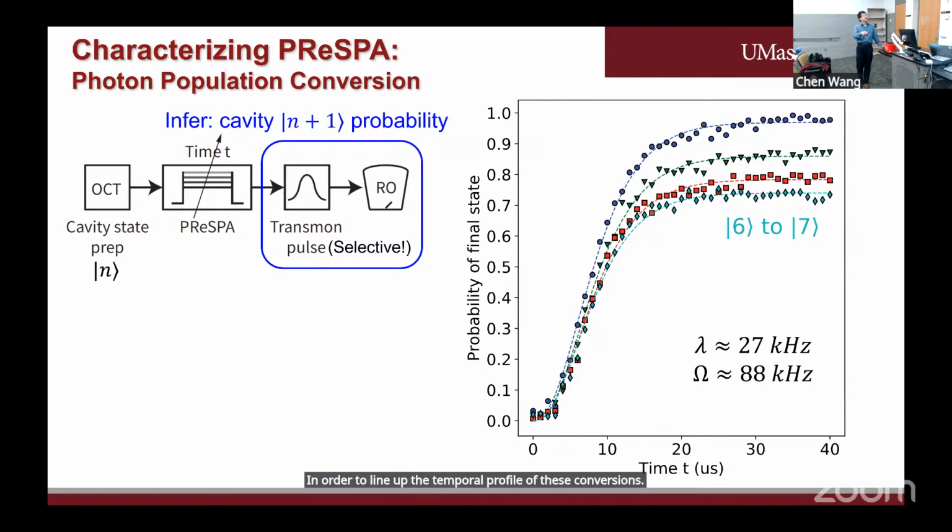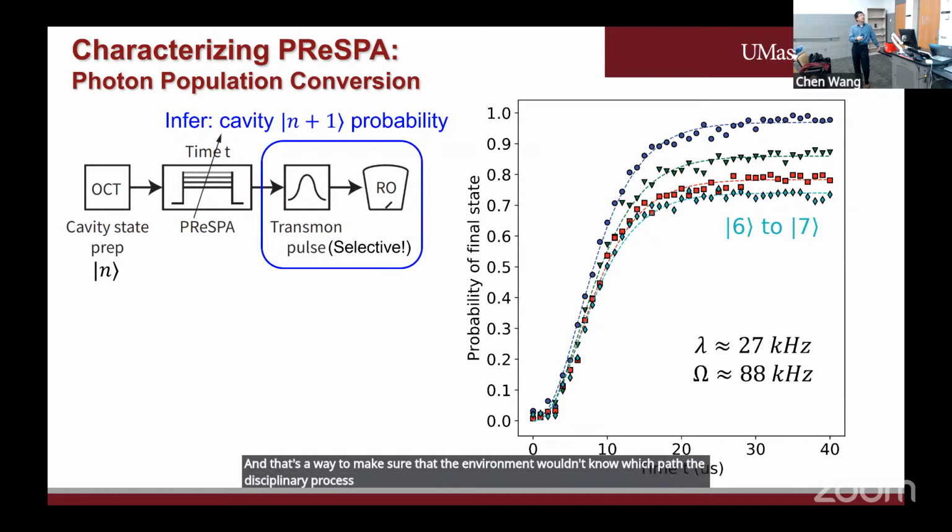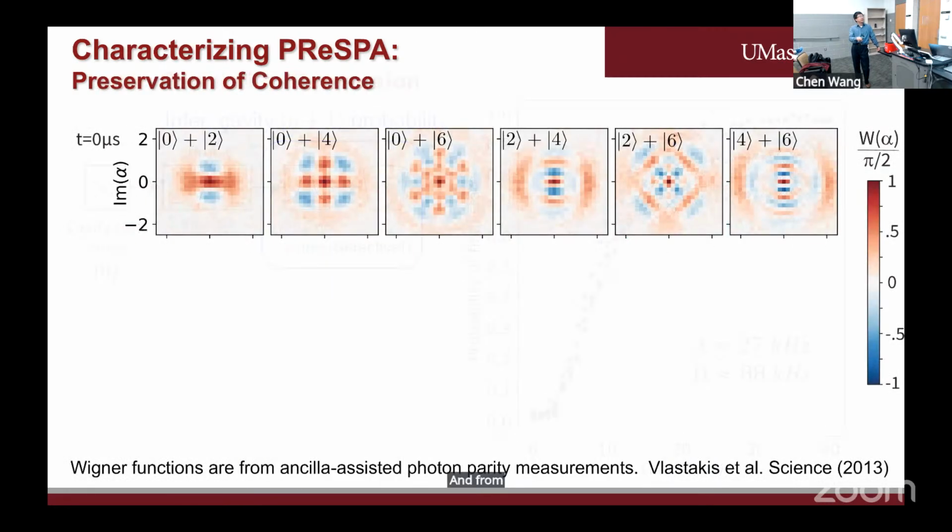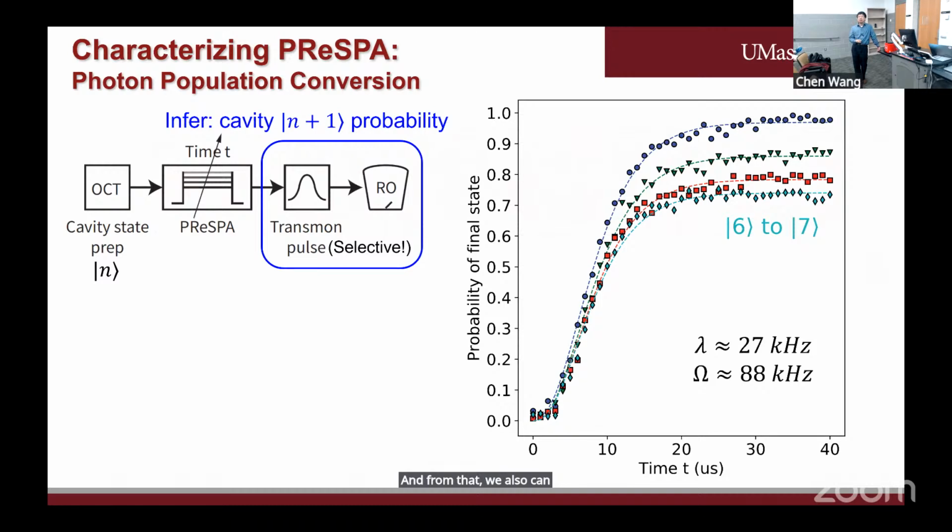So you can see that they all have the same characteristic time scale of the conversion, and that's a way to make sure that the environment wouldn't know which path the dissipative process has gone through. And from that, we also can extract the parameters of these drive strengths.